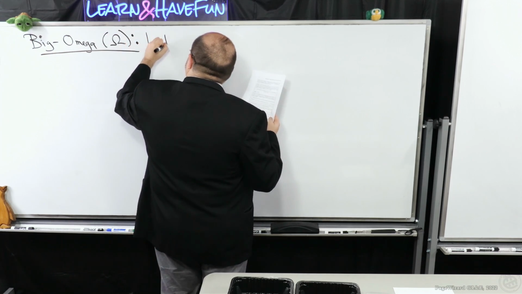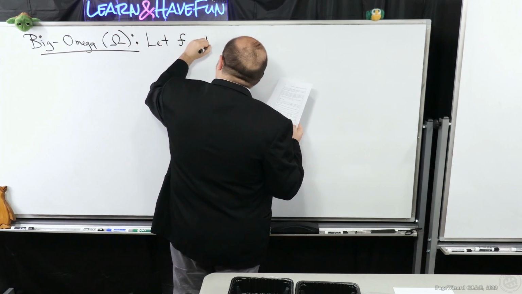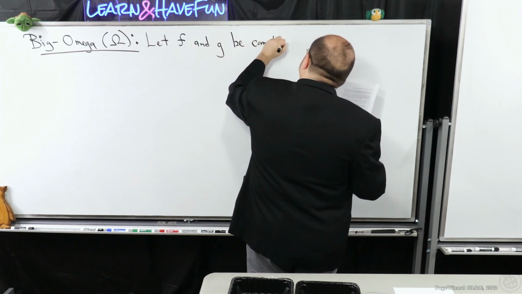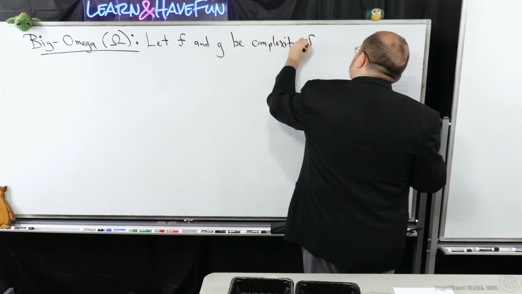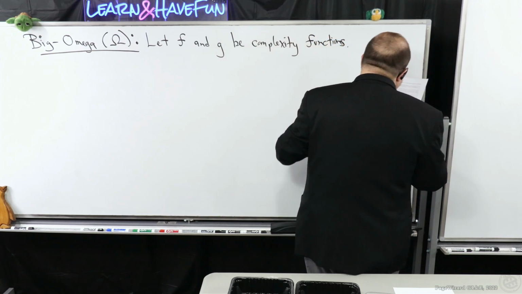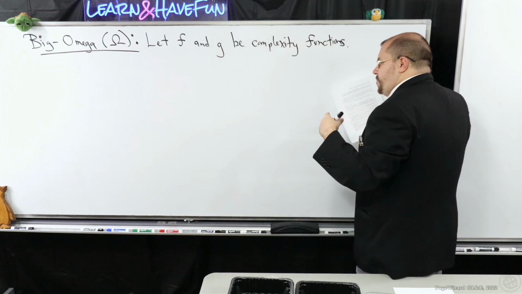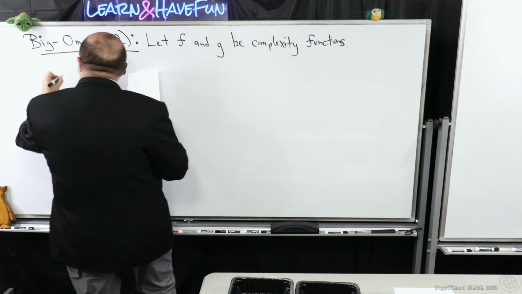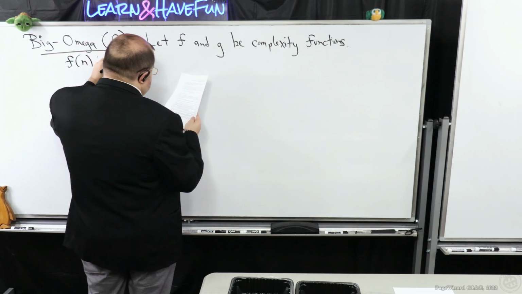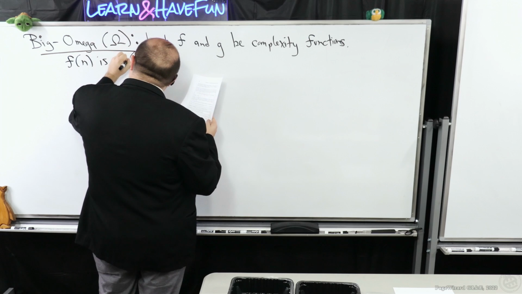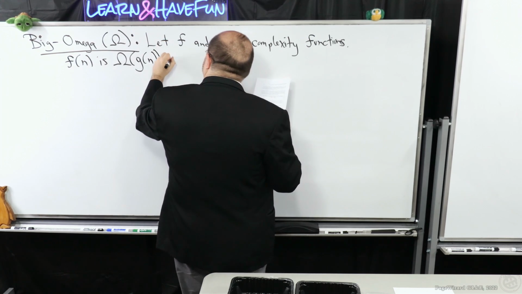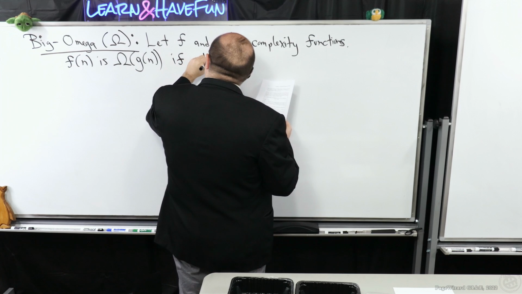So we're going to let f and g be complexity functions. So we'll write that f is big O, sorry, not big O, big omega of g, if and only if, just as a reminder.